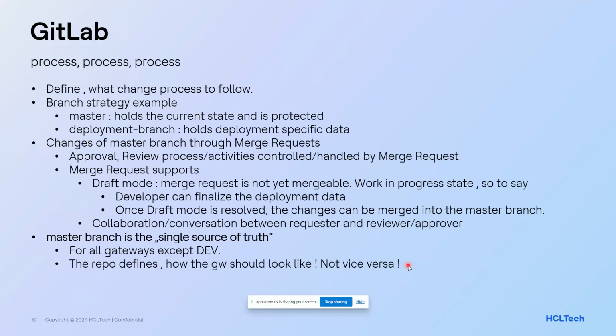And because of that, you have capabilities like drift change detection. You have capabilities to say, I want to revert my gateway to a state way back weeks ago, because the repository holds all this history information, and it's fairly easy to revert a gateway to a previous state.